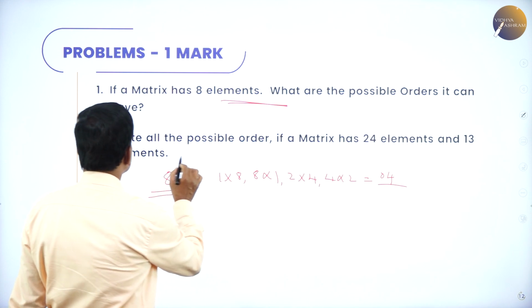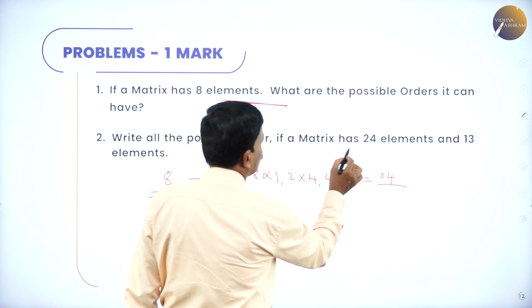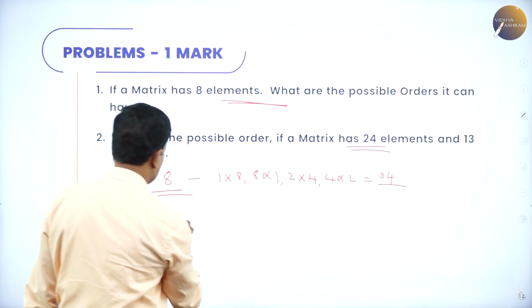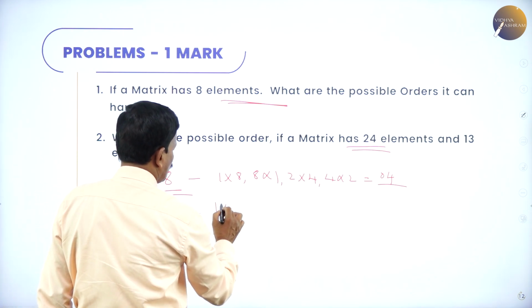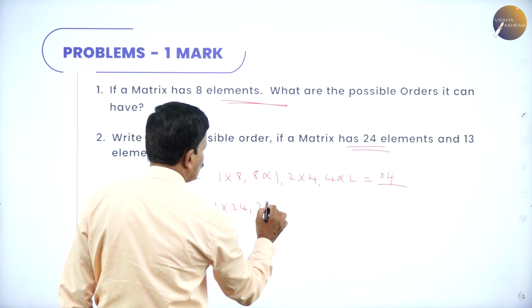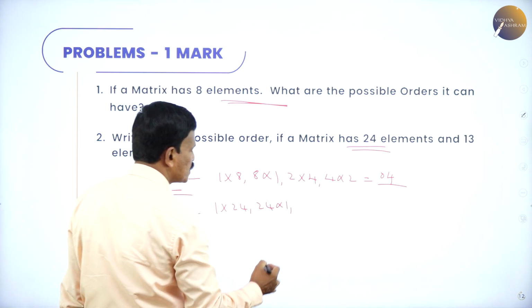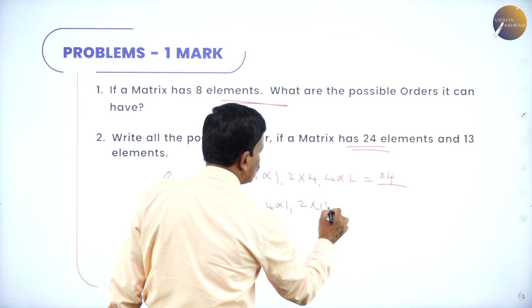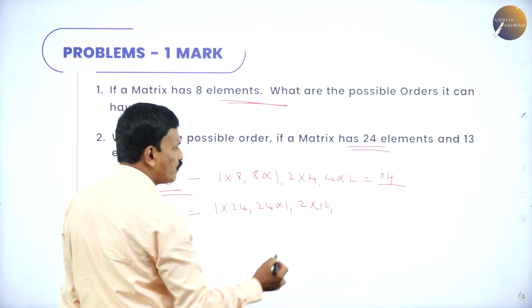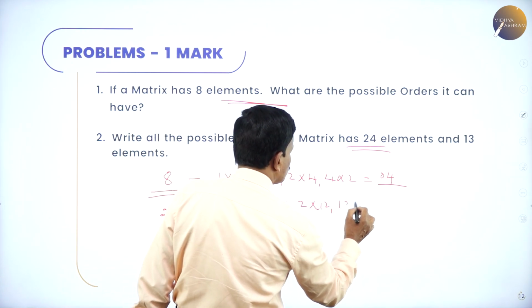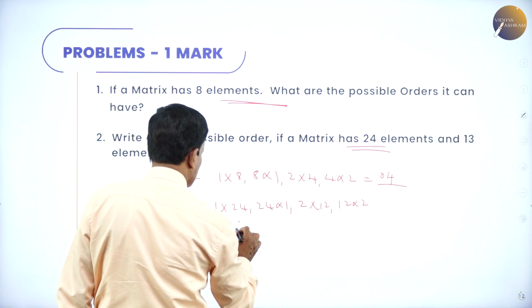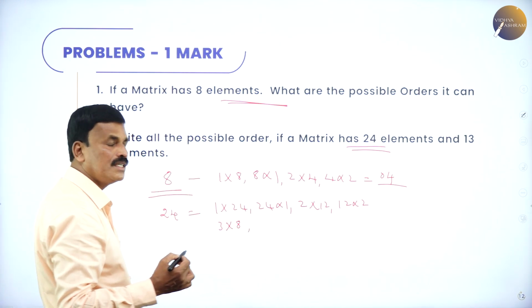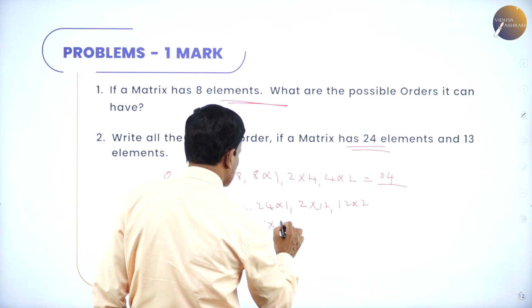Now let us come to this. Write all the possible orders of a matrix having 24 elements. Write down the factors for 24. First 1 into 24, then 24 into 1. Next 2 into 12, 2 into 12 is 24, then 12 into 2. Then 3 into 8 and 8 into 3.